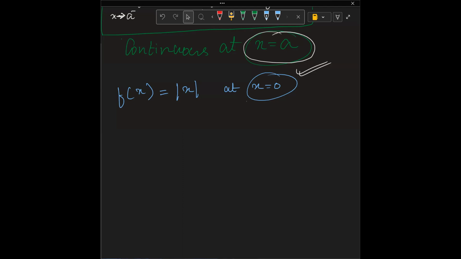And modulus of x is x when x is greater than 0. I hope you know this definition of modulus, because if you know it, then only you can check the continuity of this modulus function at this x.